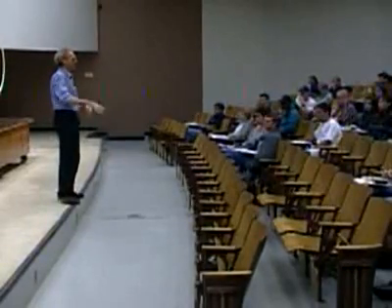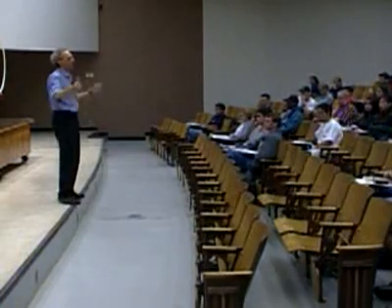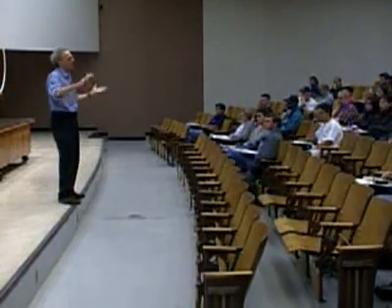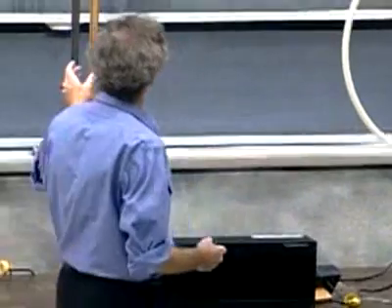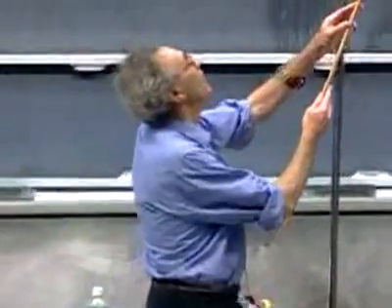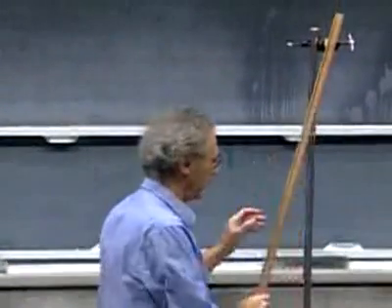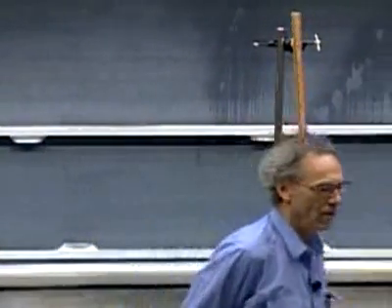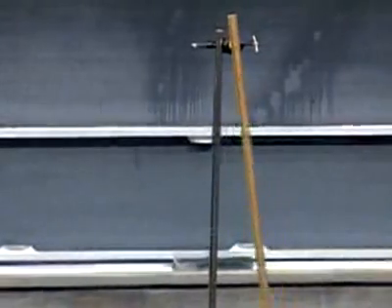Most of you have even learned how to do that in high school. A string, no mass, an object at the end, and you give it a kick and it goes simple harmonic if the angle is not too large. But now suppose you have a ruler like this, and you have here a little pinhole, and you're going to oscillate it like this. What now is the period of oscillation?